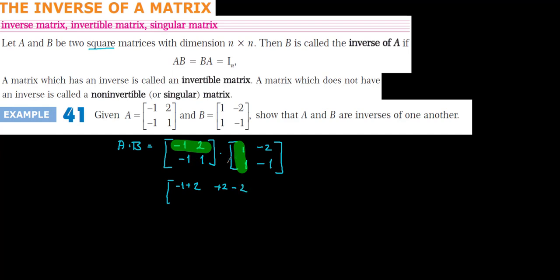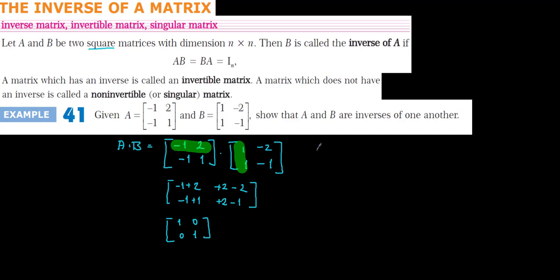Minus 1 times 1 is minus 1. 1 times 1 is plus 1, giving 0. And minus 1 times minus 2 is plus 2. And 1 times minus 1 is minus 1, giving 1. As you see, the answer for A times B is [1, 0; 0, 1].